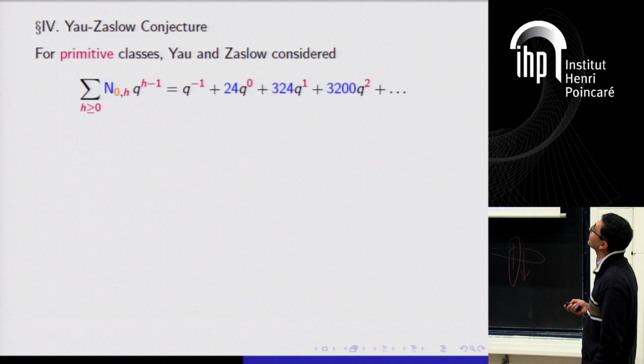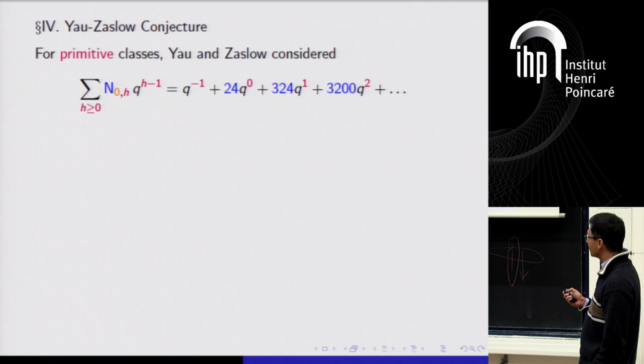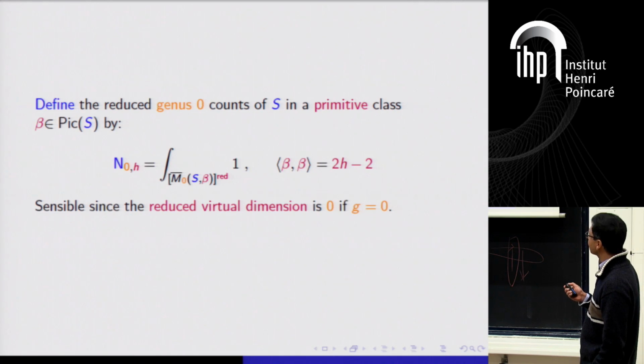So we consider this series. These are the numbers of genus 0 curves, rational curves, in this class H, and this H governs the actual homology class, the class that the curve has on the surface.